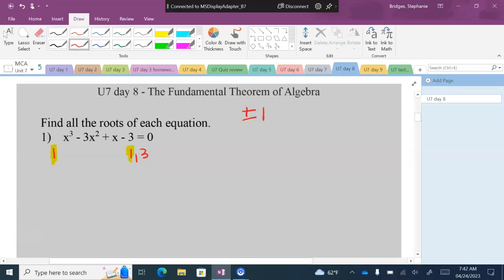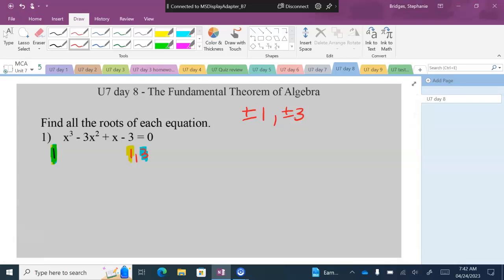That's always an option. And then because I don't have any other factors for my leading coefficient, I move on to that 3. And we do plus or minus 3 over 1. And those are going to be the 4 possible rational solutions to our equation, okay?